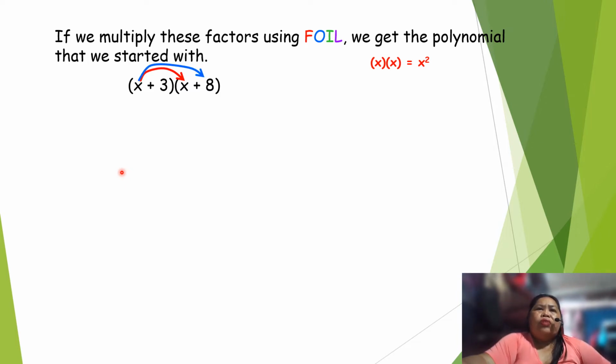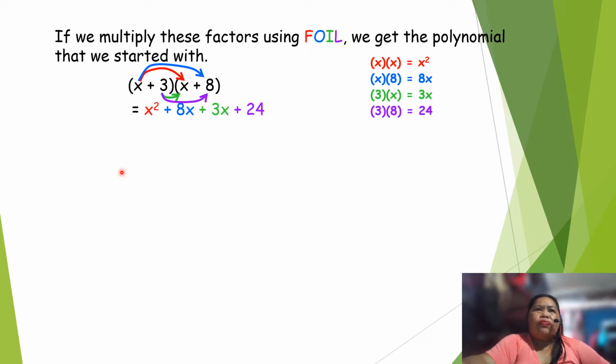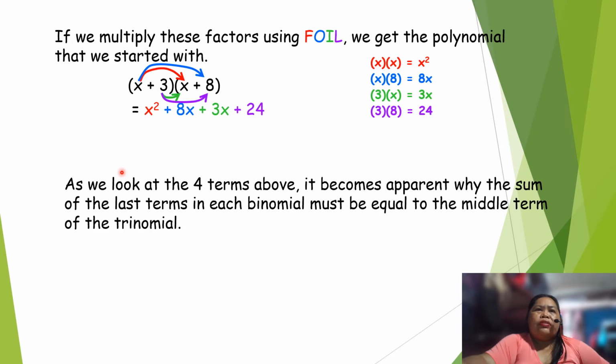The outer term, x times 8, is equal to 8x. The inner term is 3x, and 3 times 8 is equal to 24. Thus, x squared plus 8x plus 3x plus 24.